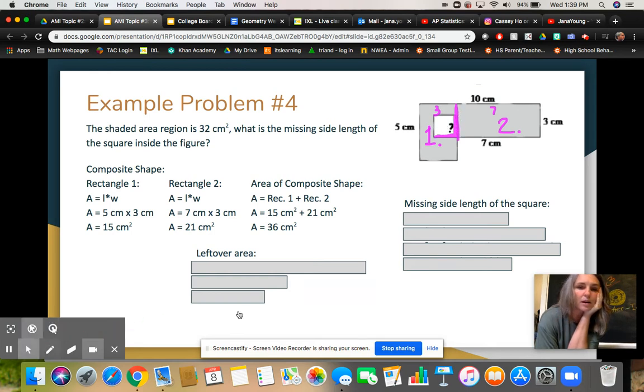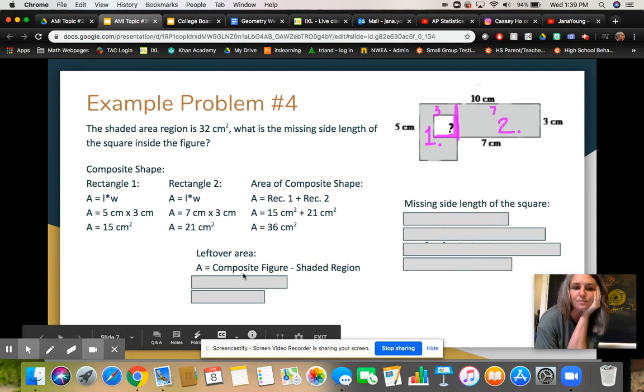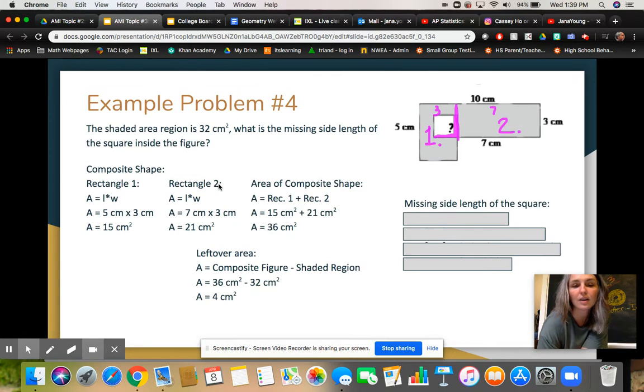So when I go to find this, right, then I'm going to say, okay, well, let's do my area of my composite shape minus the area that I know, and that's going to leave me with this side times side situation.